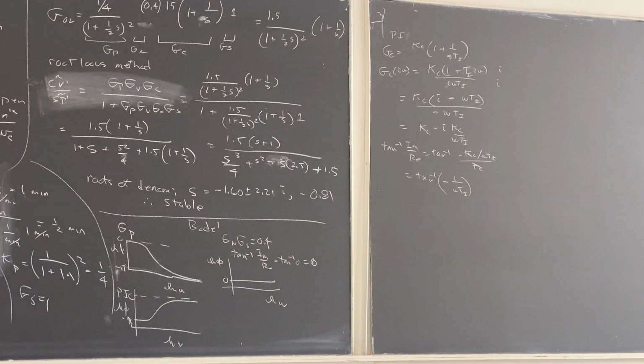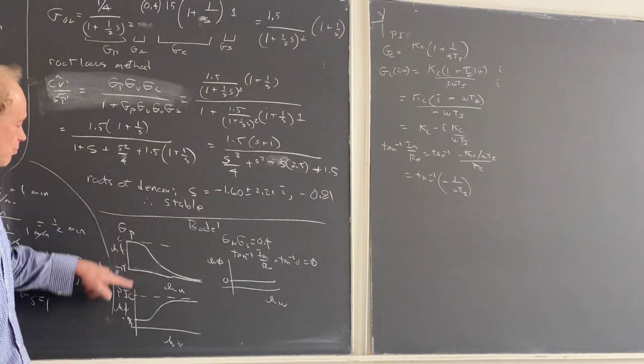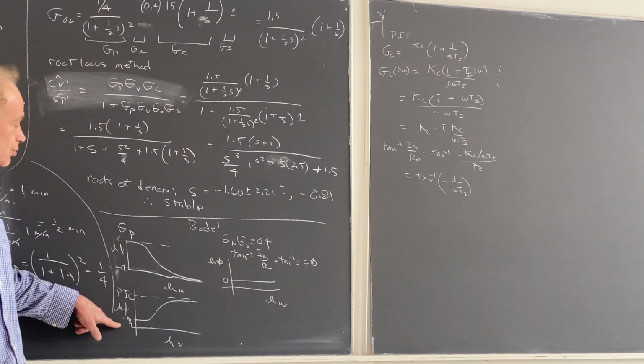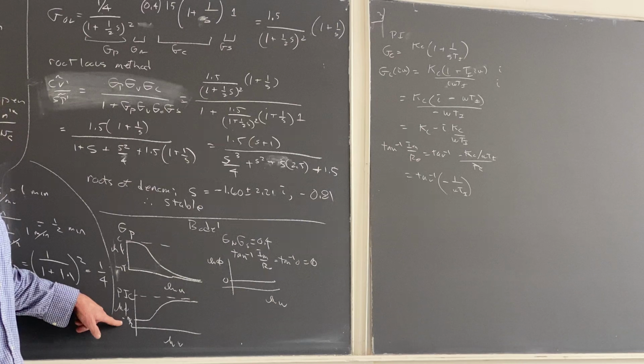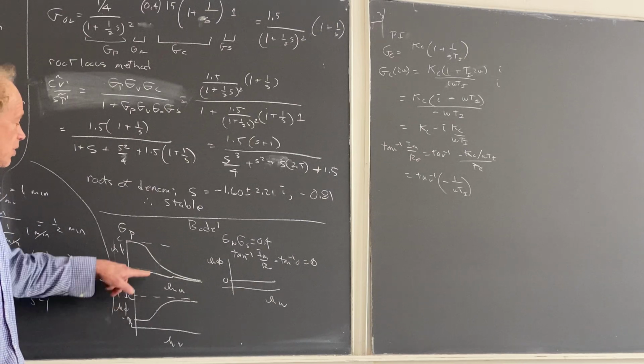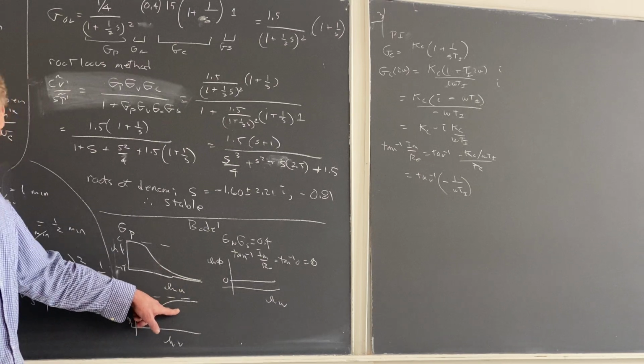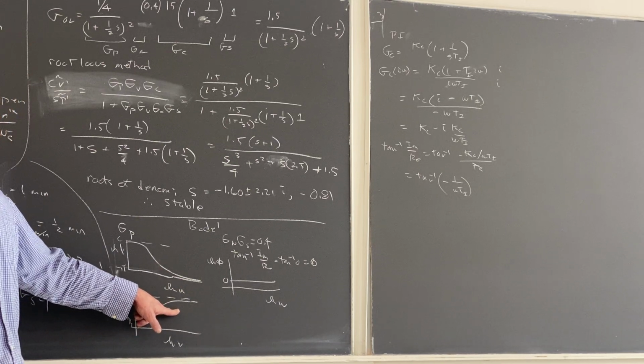So what I can notice immediately is when this thing is near 0, this is near minus pi over 2. So clearly, as omega goes to 0, I can't get lower than minus pi over 2. On the other hand, when this thing finally gets to minus pi, this thing's already 0. So I can't get lower than minus pi.